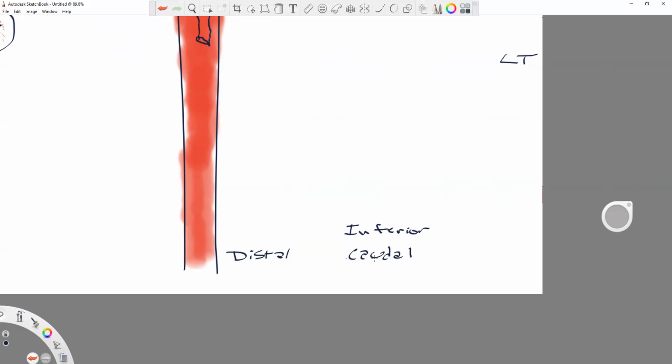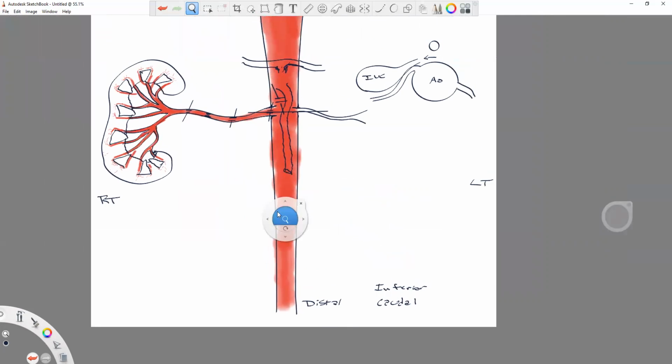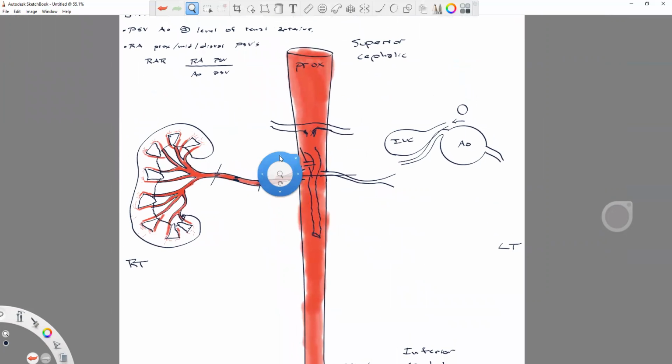So you don't use the word caudal when you're in the leg or in the arm. It's kind of awkward to say move caudally. And it's like, well, wait a minute. Caudal refers to the posterior end, so it's not always perfect.